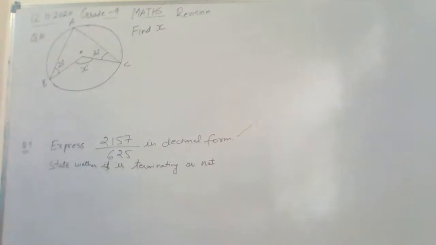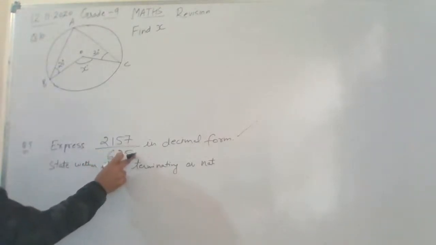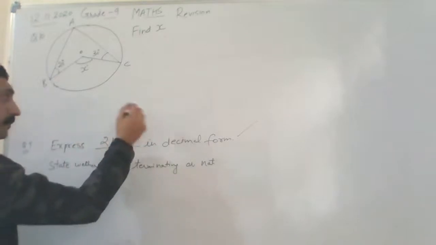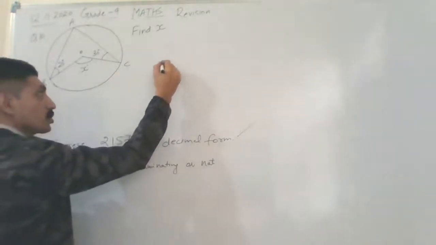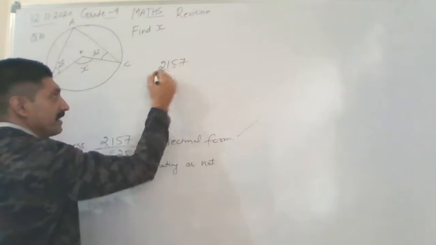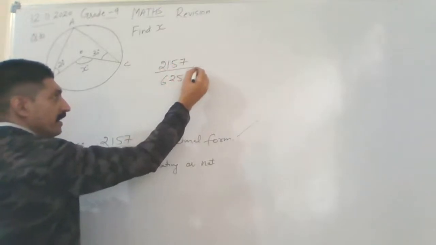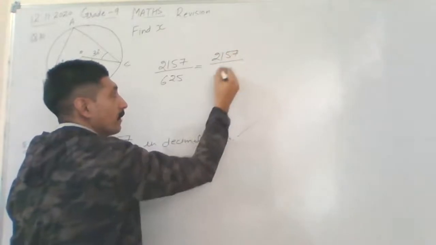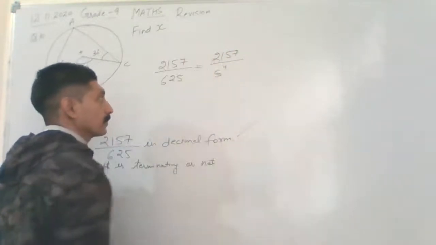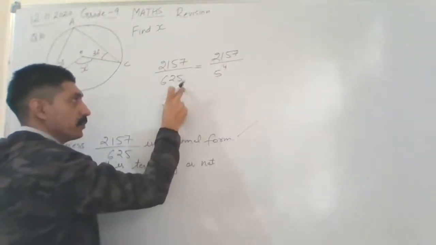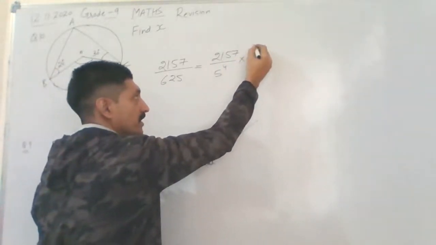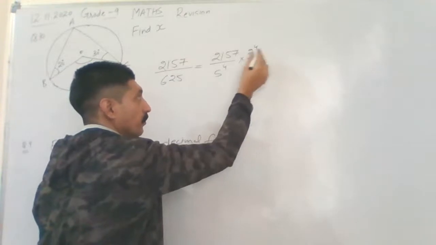As far as this question is concerned, in decimal form, if you want to go for division, it is long. But we can write this 2157 divided by 625 in the form of 2157 over 5 raised to power 4, right? 25 into 25, and so here I can multiply with 2 raised to power 4, 2 raised to power 4, right?